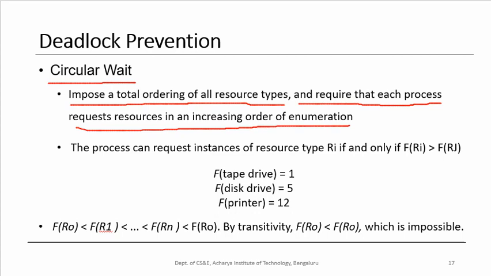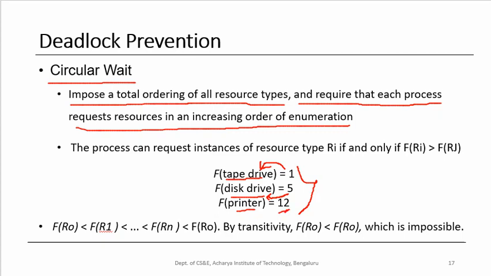It is very simple. Let us take this example. There are three types of resources: tape drive, disk drive, and printer. Each has an integer associated with it: one for tape drive, another for disk drive, and so on.